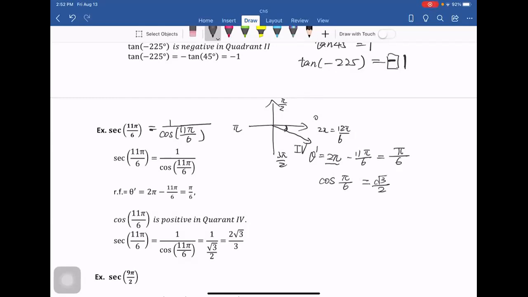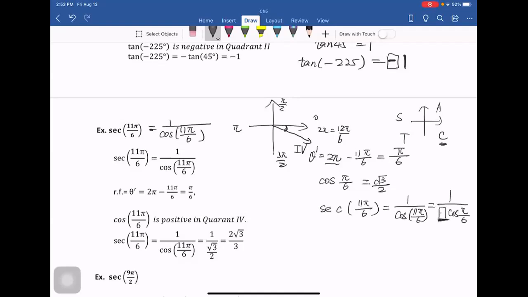And decide if it is positive or negative. We still have A, S, T, C. The cosine here is positive. So secant of 11 pi over 6 equals 1 over cosine of 11 pi over 6, which is cosine of pi over 6.